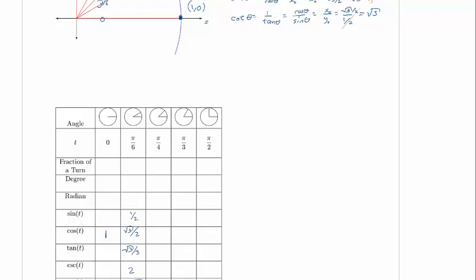Again, since we're dealing with a unit circle, the arc length and the radians will be one and the same, so we can simply just fill that in. 0, pi over 6, pi over 4, just like so. Alright, so fractions of a turn and degrees, a little more involved, but not too difficult.